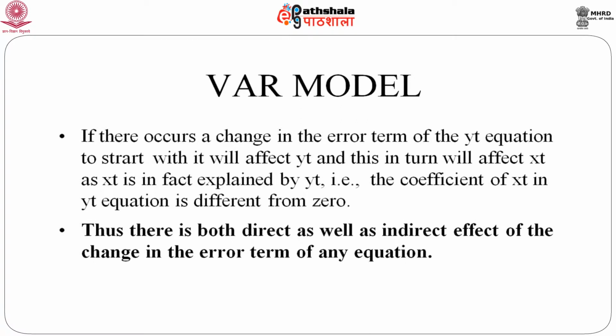As I have already discussed, if there occurs a change in the error term of the yt equation to start with, it will affect yt, and this in turn will affect xt, as xt is in fact explained by yt, that is, the coefficient of yt in the xt equation is different from 0. Thus, there is both a direct as well as an indirect effect of the change in the error term of any equation.